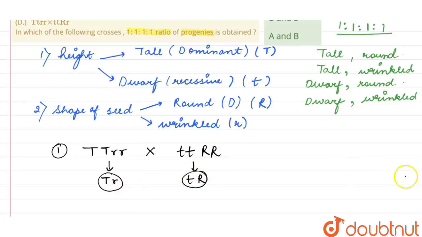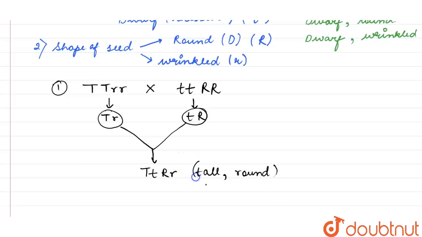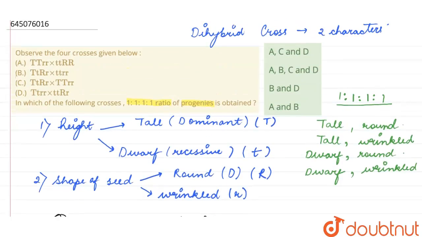When we cross these two, the progeny that we will have is only tall and round seed. This is a heterozygous progeny, but we are getting only one type here. So this is not our answer.